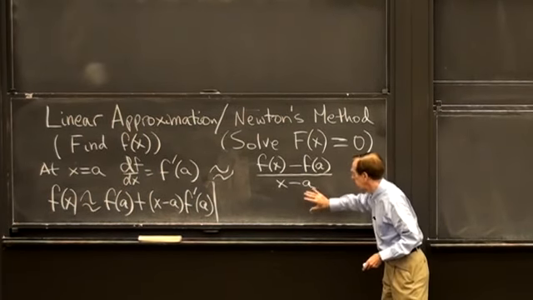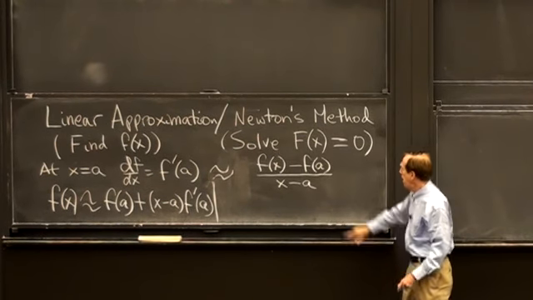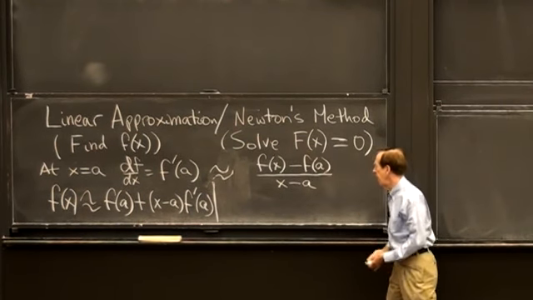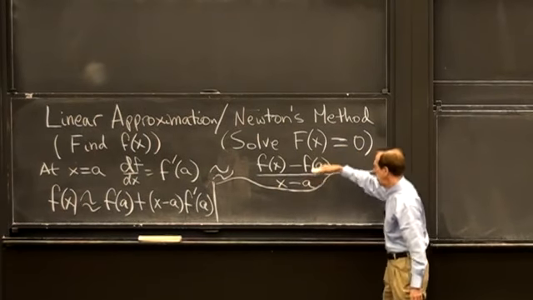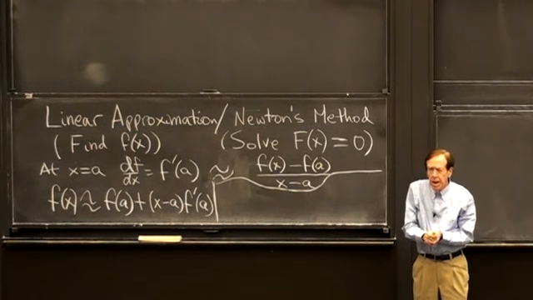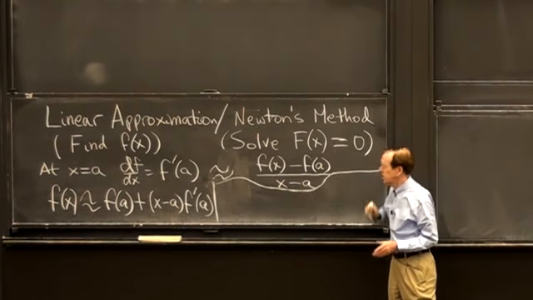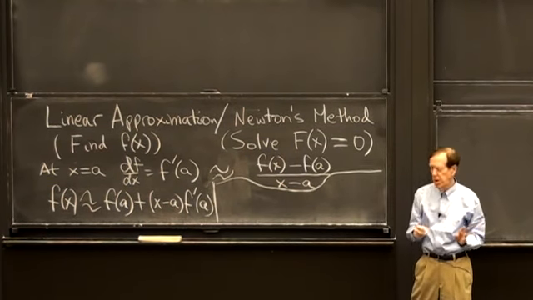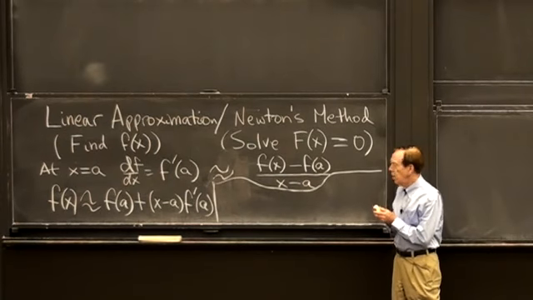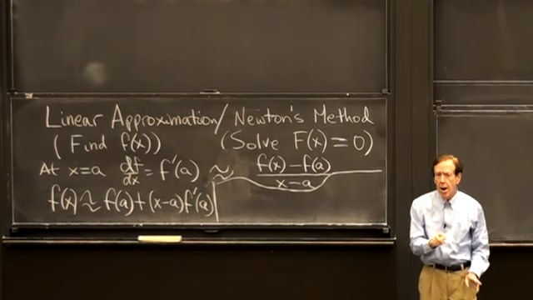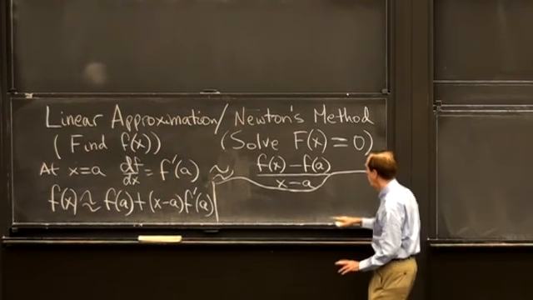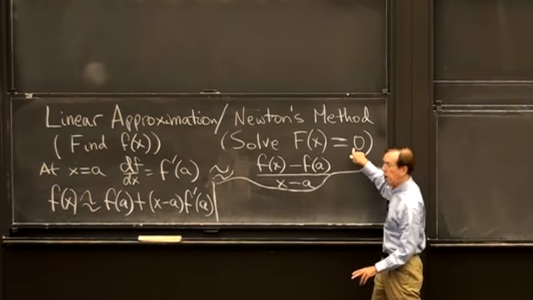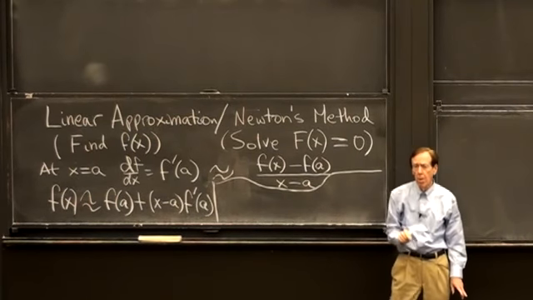Let me get the corresponding idea here. Now I have to remember to use capital F. So let me create the formula that helps to solve, approximately solves, this equation. What's the difference? Now, x is what I'm looking for, and F of x is what I know. I know it's to be 0.